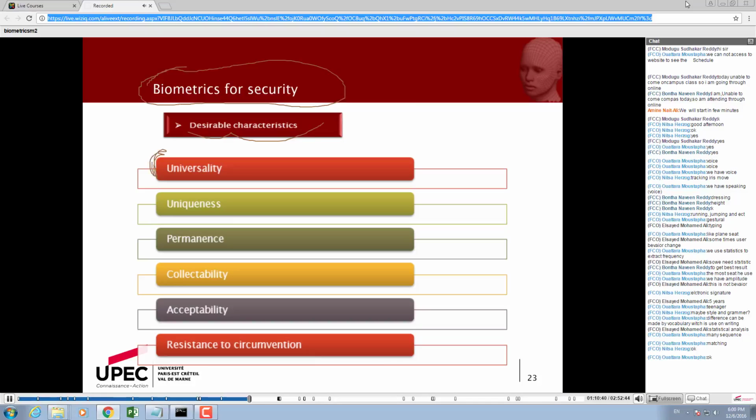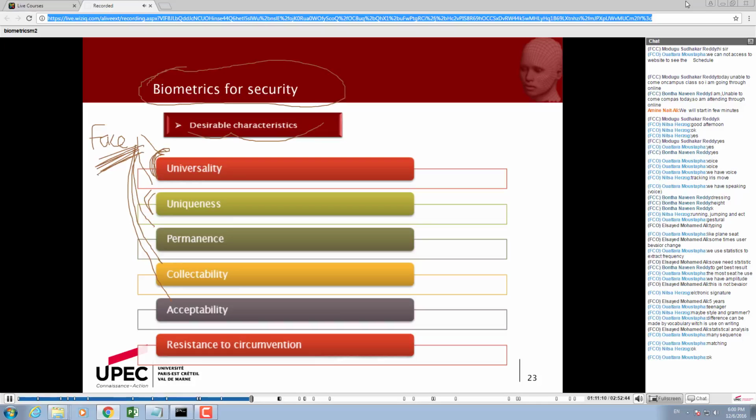To characterize a modality, it's important to analyze some characteristics. If, for example, you take face biometrics, how can we analyze its performance regarding other modalities?